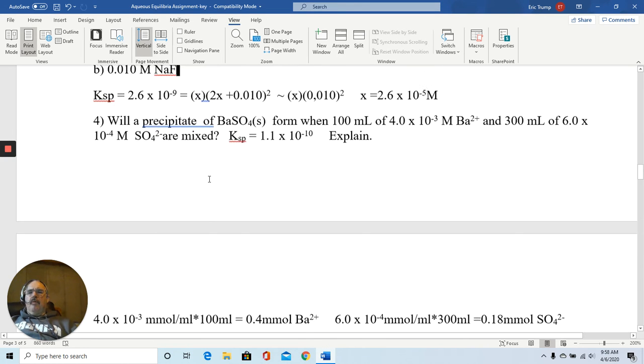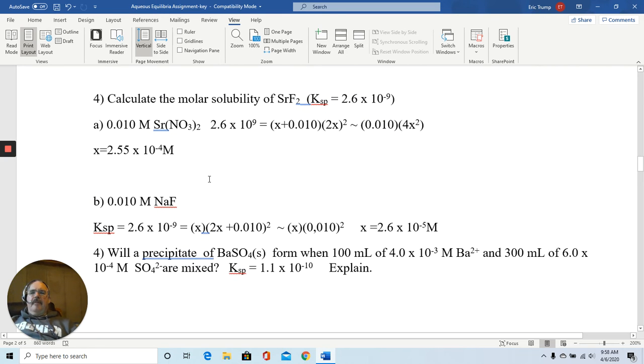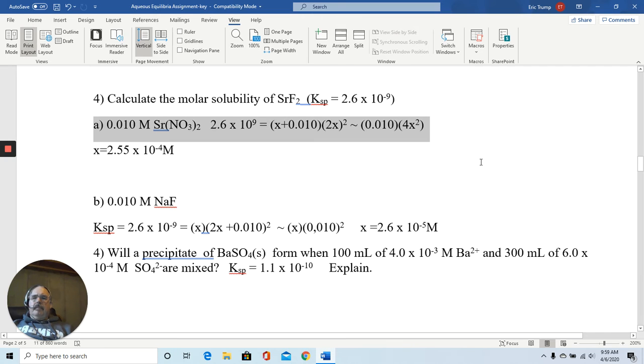Okay, question number 4. This is a question involving the common ion effect. Here we have strontium fluoride dissolving, but then we've added extra strontium by adding strontium nitrate.